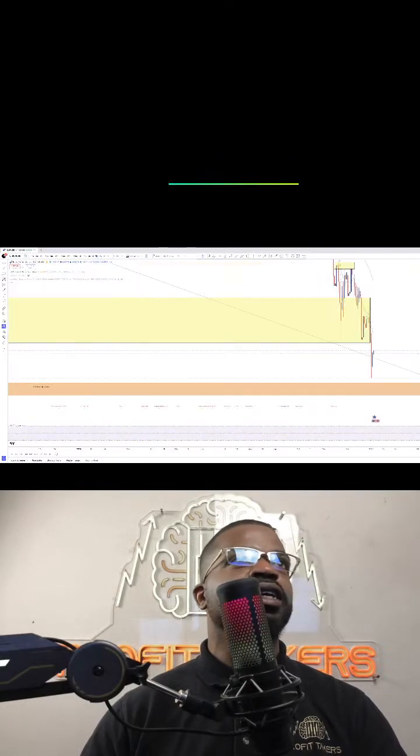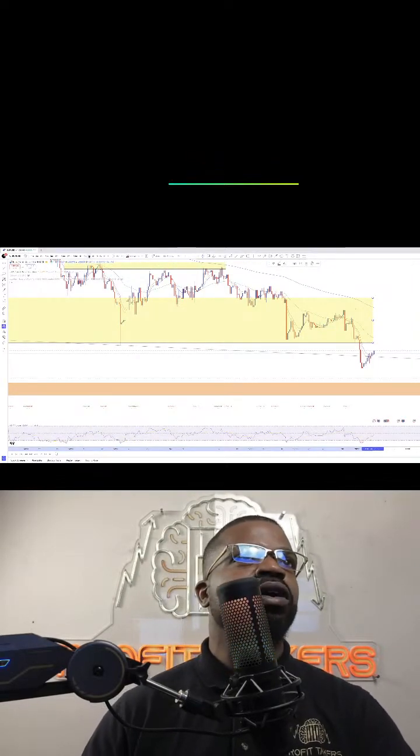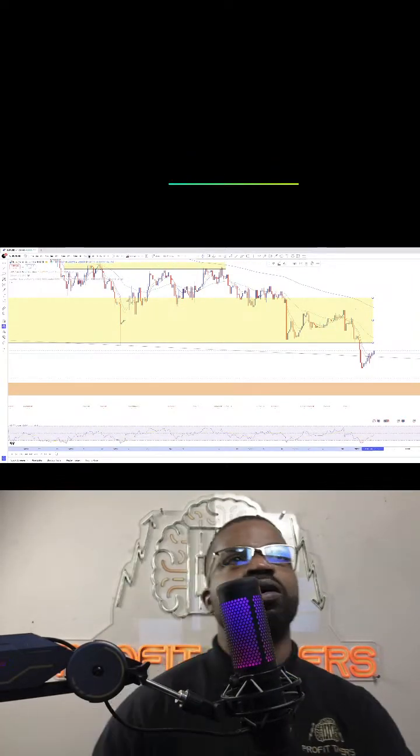Euro USD. Okay, so we got an area that it's attracted to underneath that we got marked already.